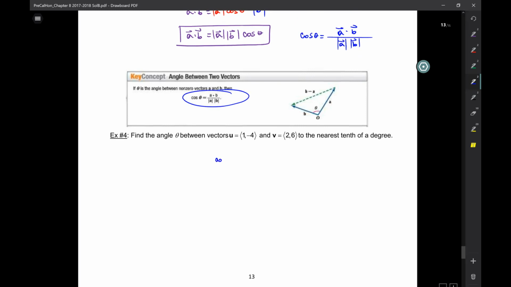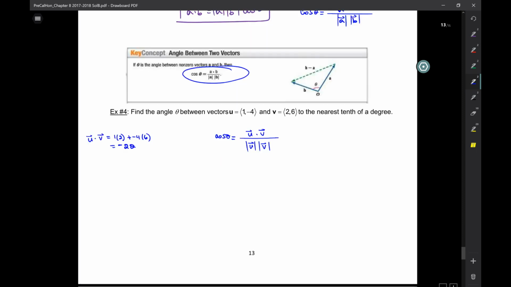So cosine of theta is equal to u dot v over magnitude of u, magnitude of v. So now we do these in components. u dot v is equal to 1 times 2 plus -4 times 6. And that's 2 minus 24, so that's -22.